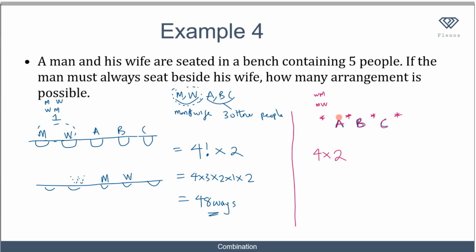They can occupy these positions in 3 factorial ways. So if we sum this up, 4 times 2 gives us 8, and 3 factorial is 6. 8 times 6 gives us 48 ways. And as you can see, we resulted in the same answer, which is 48.